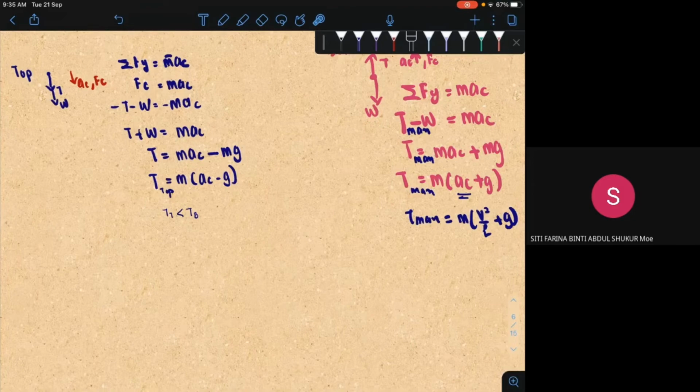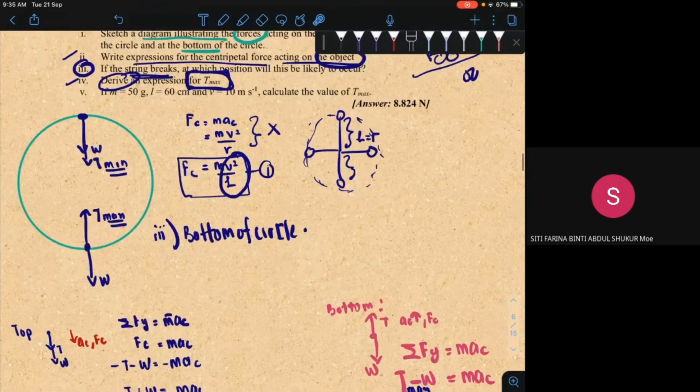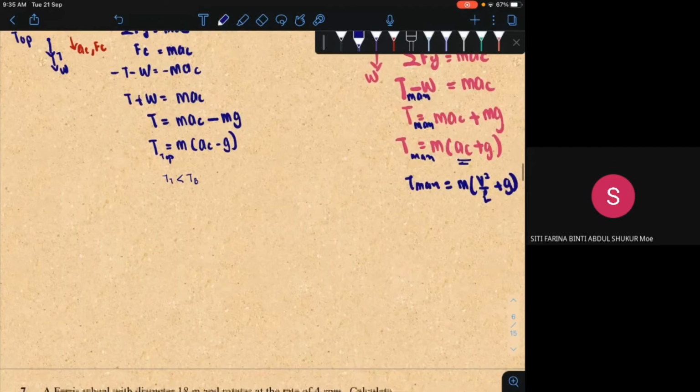So next question number 5 dekat sini dia kata dia bagi nilai semua. If M adalah 50 gram, L adalah 60 cm and V is 10 meter per second, calculate the value of T max. So since you have already derived, you know your T max adalah M V square over L plus G. Awak masukkan sajalah nilai yang kamu ada, 50 gram.